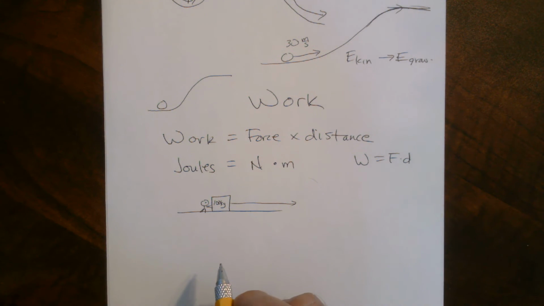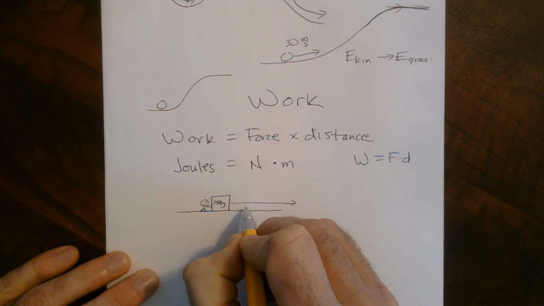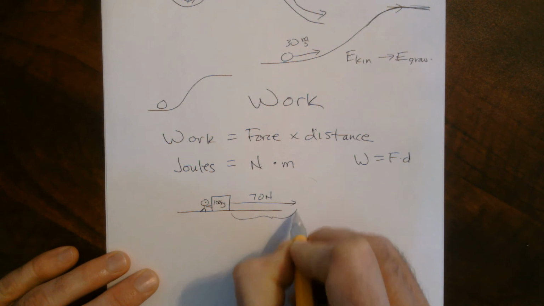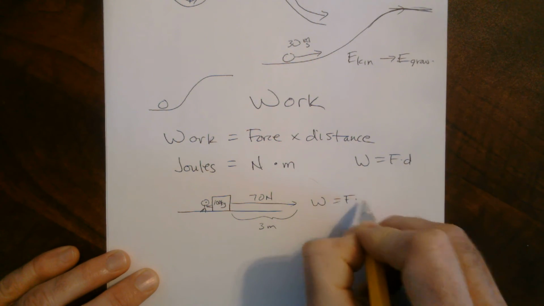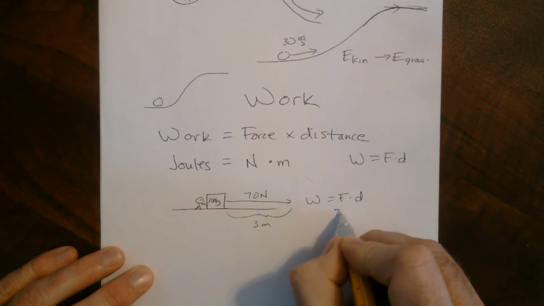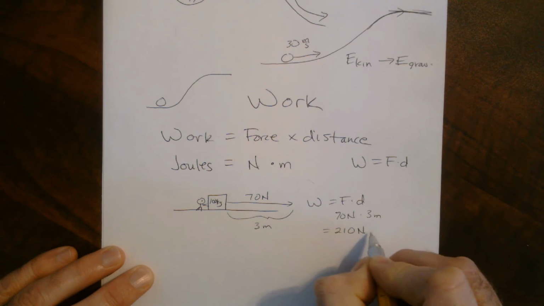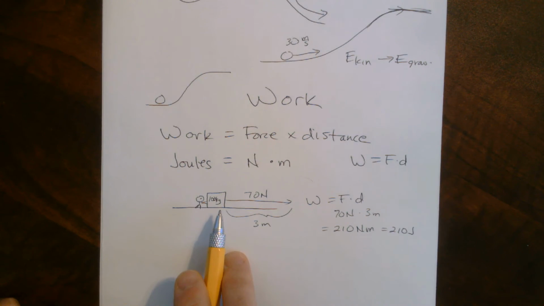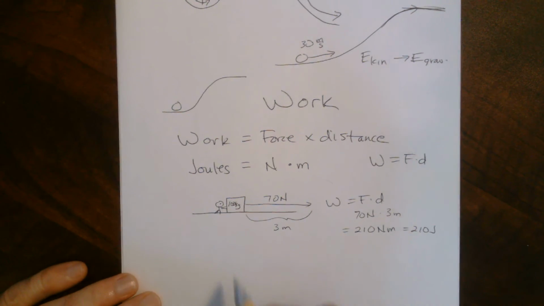Now, when we do free body diagrams later, we'll talk about how friction works into this. But if I apply a force on this box of 70 newtons, and I do that for a distance of 3 meters, work equals force times distance, 70 newtons times 3 meters would be 210 newton meters, or 210 joules. The weight of the box is irrelevant. It's just the amount of force that I applied to overcome friction and to get the box moving to get it there.